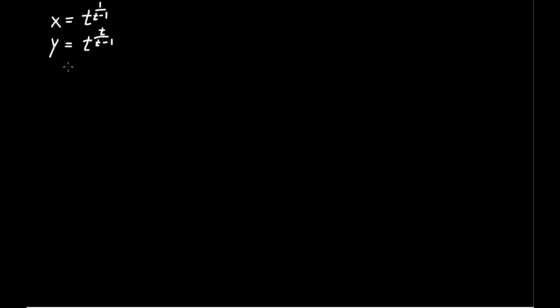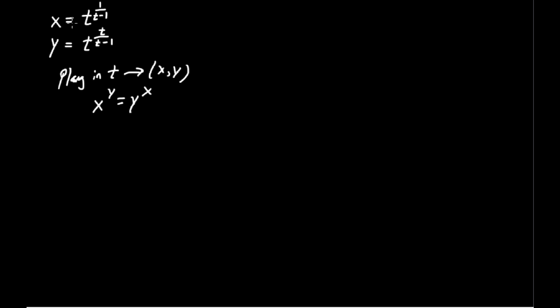So what that means is that we can start plugging in values of t. We're going to plug in some value of t, and that's going to give us an xy pair, which solves the following equation. And I claim that it solves this equation because we just derived it from this equation.